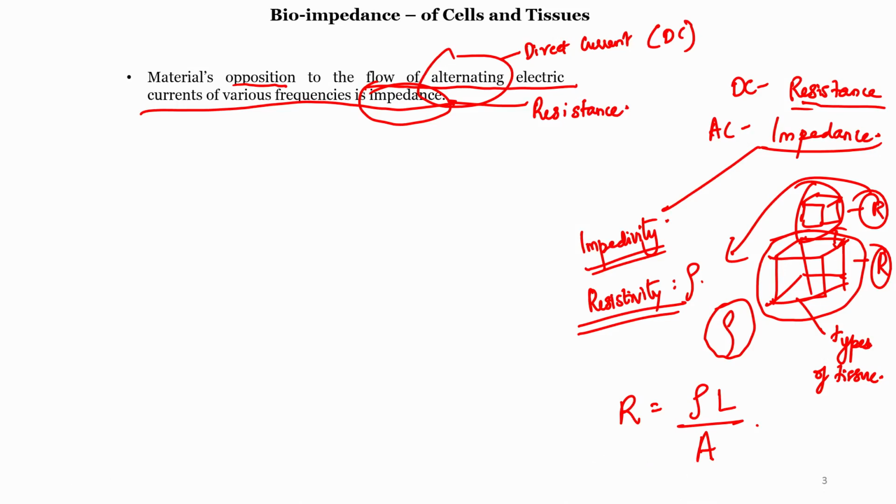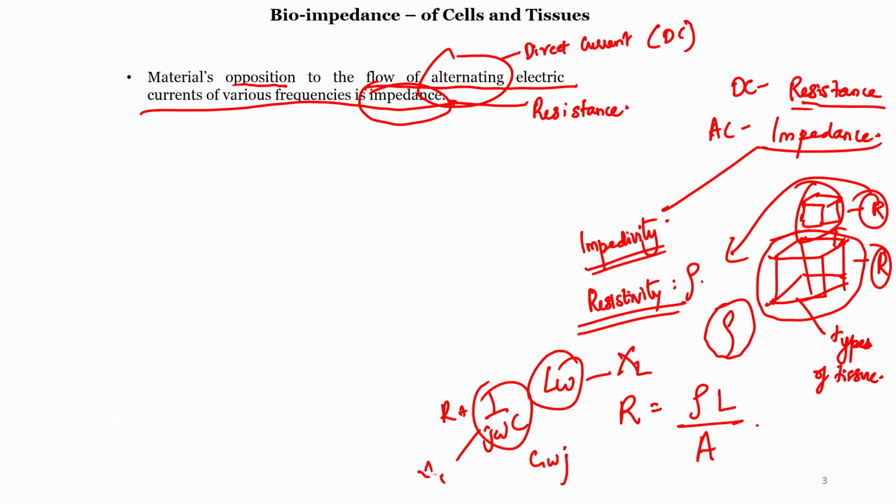So, there will be both the real and imaginary parts in the impedance, like R plus 1 by j omega C, and j omega L, the inductive reactance, called XL, this is called capacitive reactance XC, and this is just resistance R. That is how impedivity is different from resistivity.